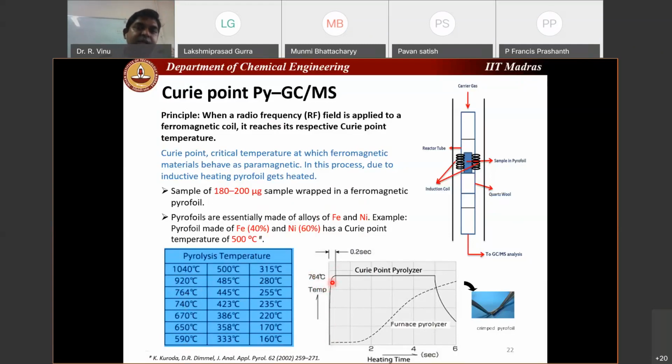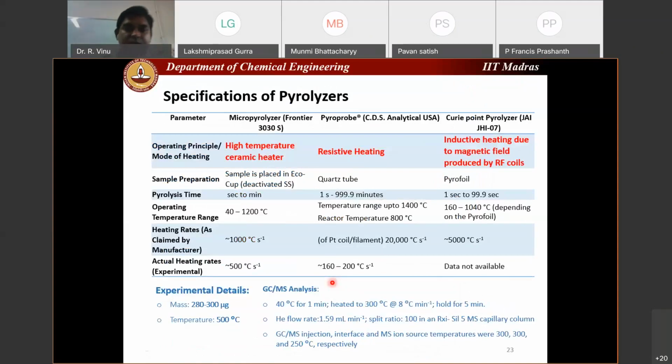So heating rates can be quite high in a Curie point pyrolyzer, but the disadvantage of this system is you can only do single temperature pyrolysis. You cannot do heating rate ramps, or high pressure experiments or catalytic experiments and so on. That is one of the disadvantages of this setup. And of course, this has not really reached the market or the users like the Frontier micropyrolyzer or a PyroProbe.